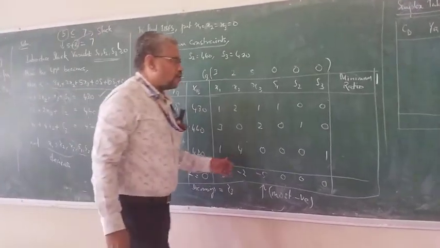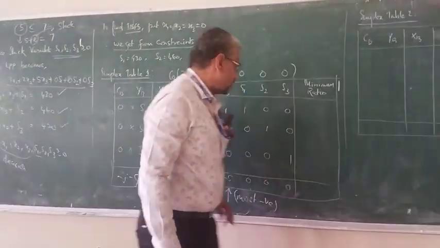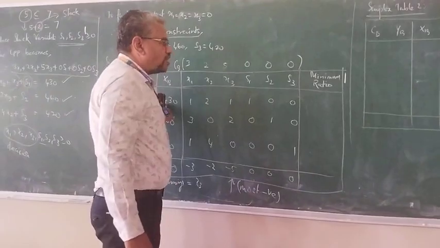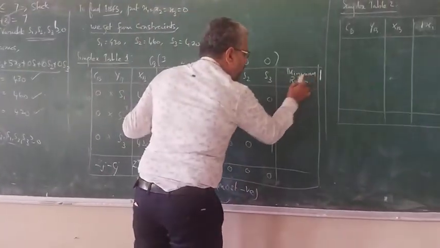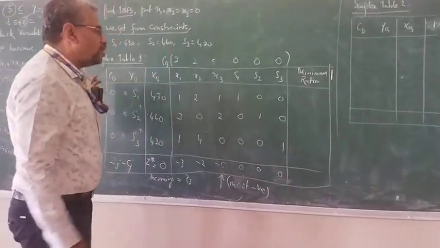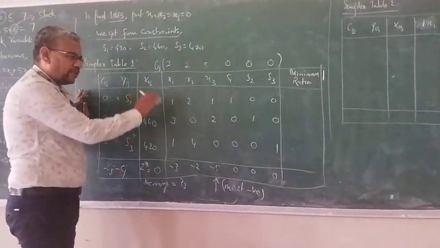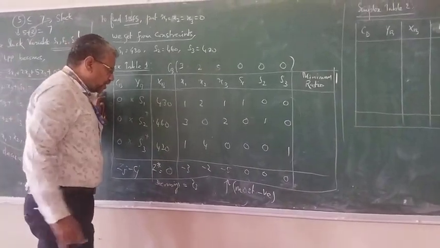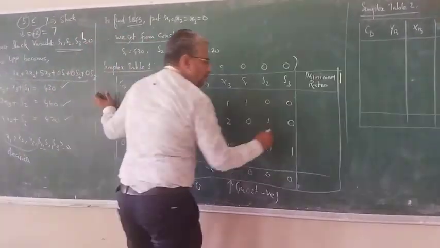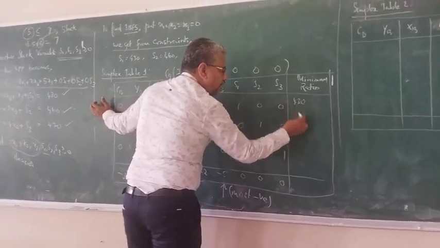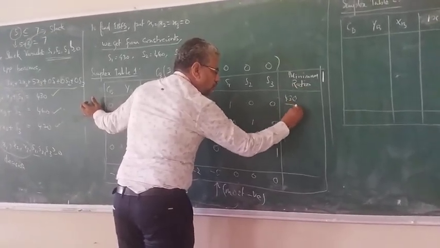That is why we are going into the last column of this table. What is it? Minimum ratio. So I am going to find the minimum ratio of the three constraints. So which means 430 is the answer column. So 430, ratio means divide. Okay.